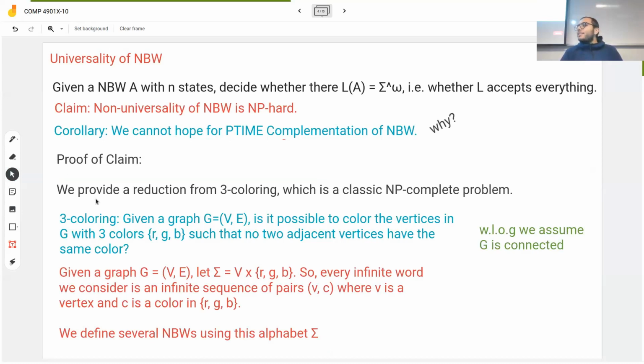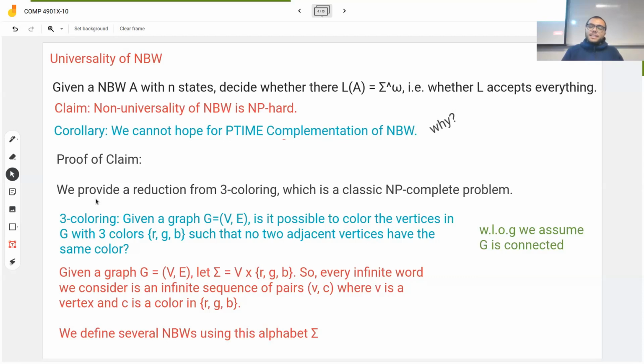So I take another problem that I know is NP-hard, in this case, 3 coloring, which is one of the classical NP-complete problems of Karp, the first 21 problems that were shown to be NP-complete. And I'm going to give a reduction from 3 coloring to non-universality of MBW.